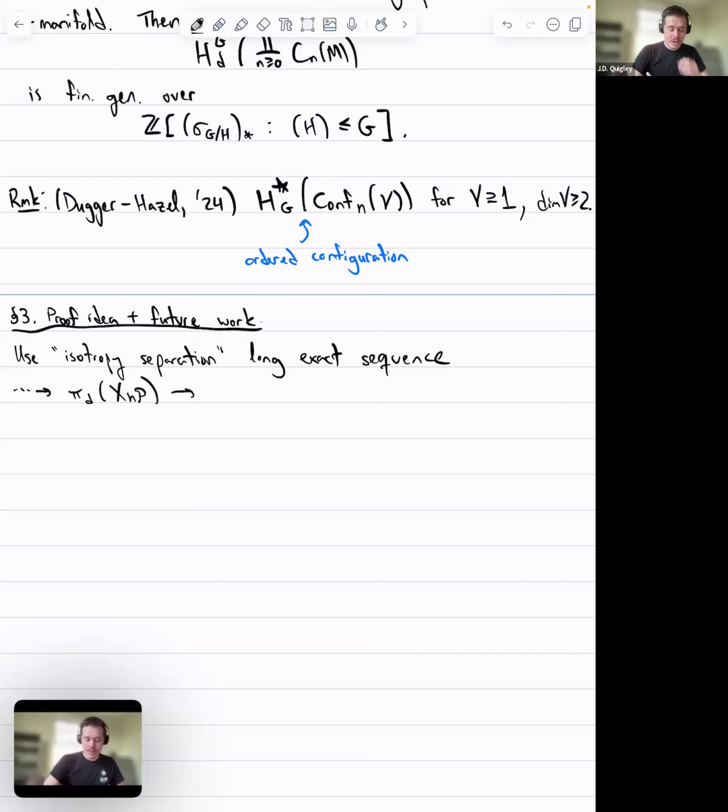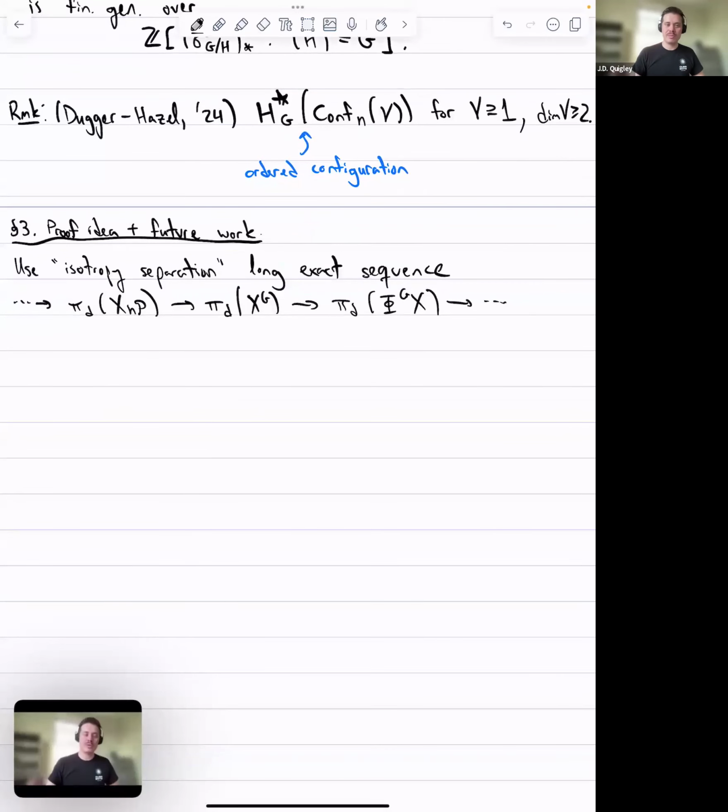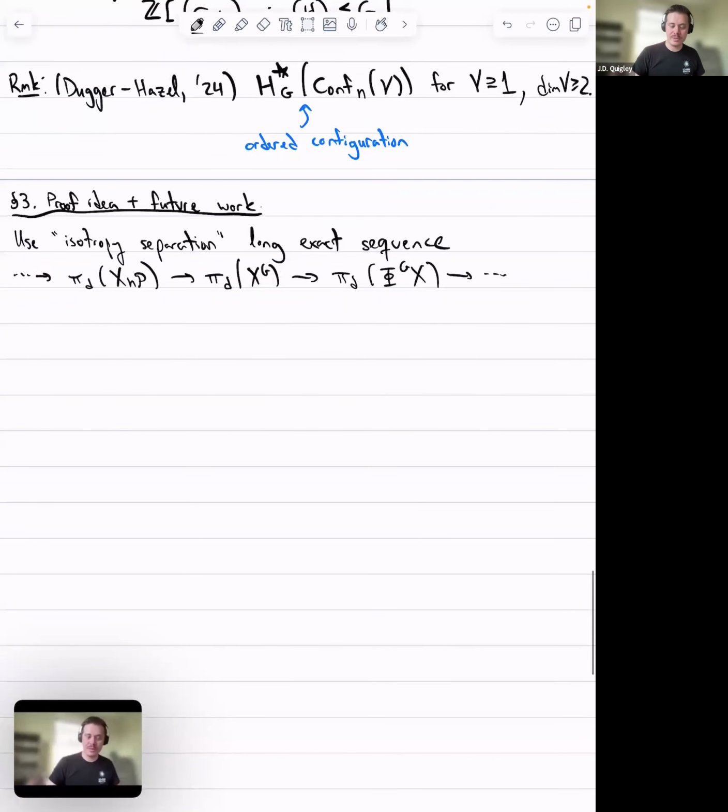So I have pi d of proper homotopy orbits, pi d of categorical fixed points, and pi d of geometric fixed points. Okay, and I say this is super classical because I think it was used in Carlsson's proof of the Segal conjecture. It was in Hill-Hopkins-Ravenel. So it's a favorite tool in equivariant homotopy theory.